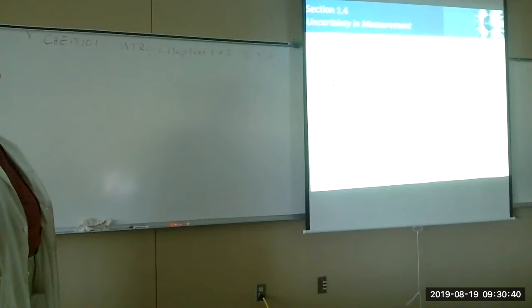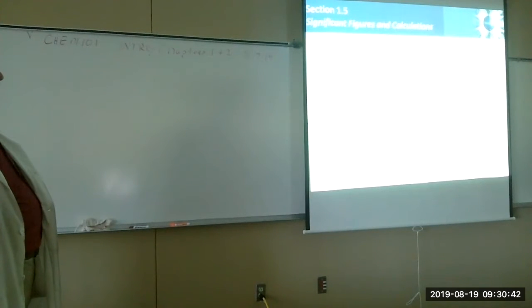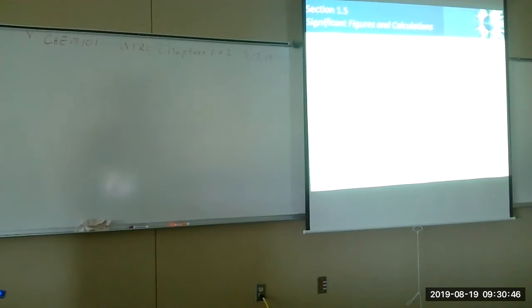Whoa, I went a long way, didn't I? There we go. Significant figures. So this is the way of keeping track of the certainty of your numbers, or the uncertainty, as the case may be. We use significant figures because then when we combine two numbers, those significant figures for each of the numbers tells us how to deal with the result of a calculation.